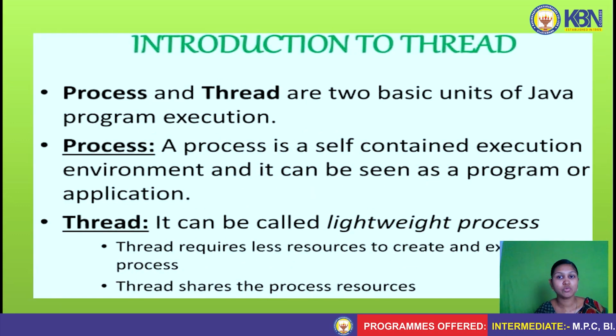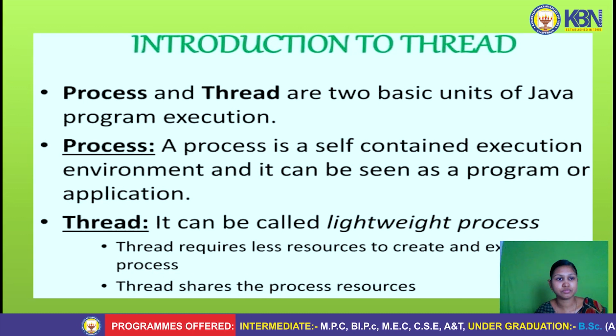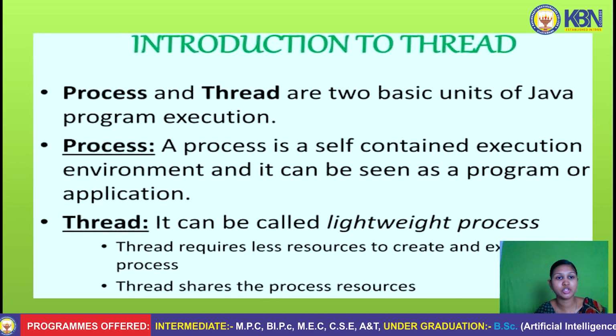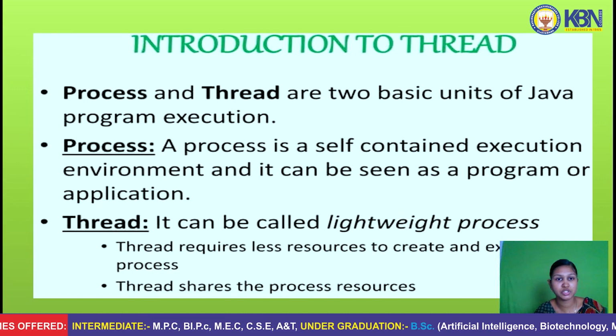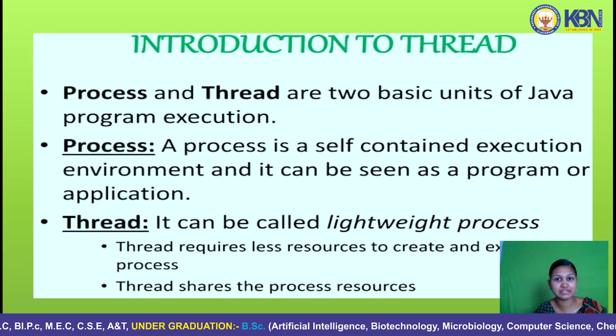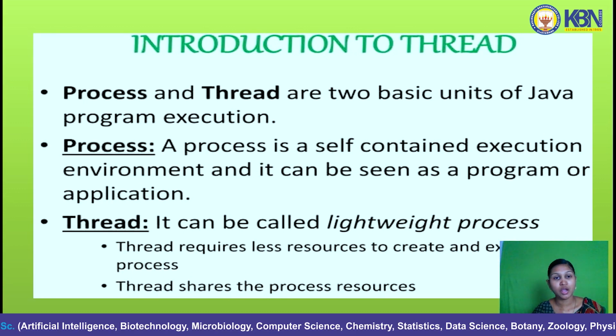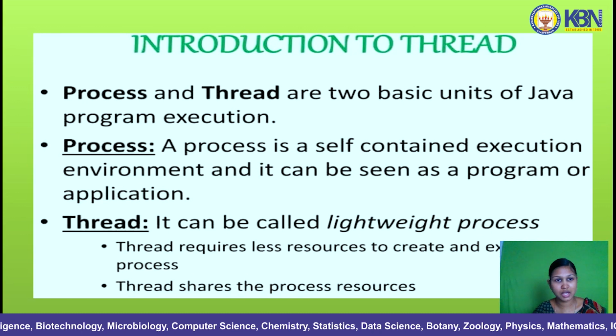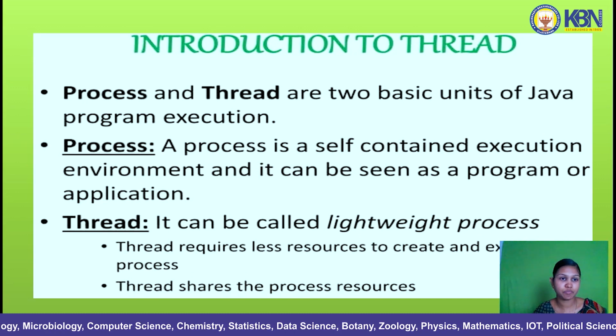Now let's see the introduction to thread. Thread means processing. Processing means if the user gives any information, the system will process it and give the output. Here there are two basic units of Java program execution: the first one is a process and the second one is a thread.